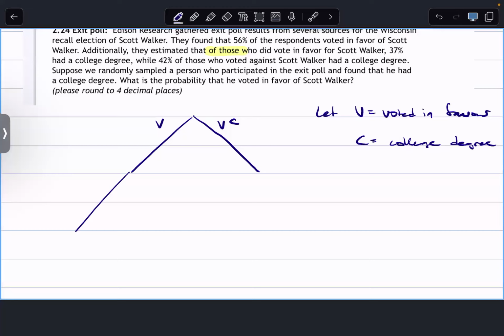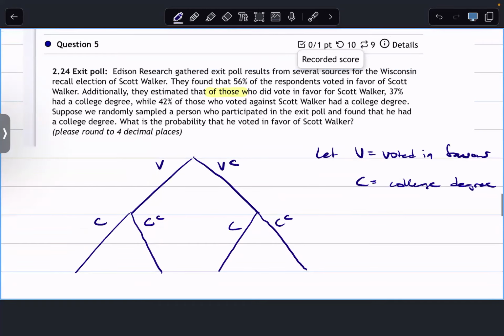And then the conditional information that we have is, do they have a college degree or not? 56% voted in favor: 0.56, and 1 minus 0.56 is 0.44.